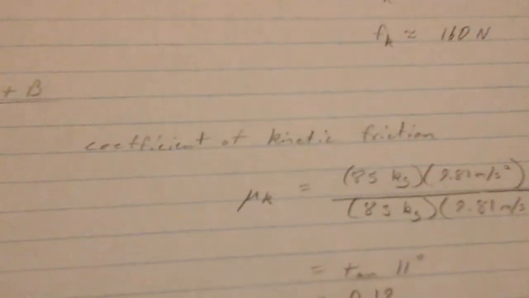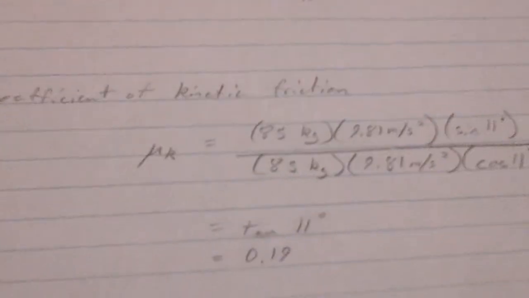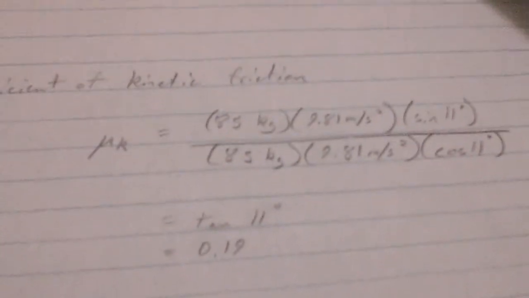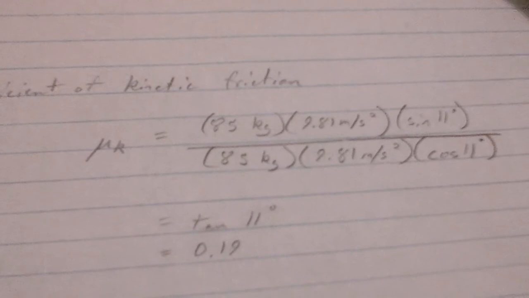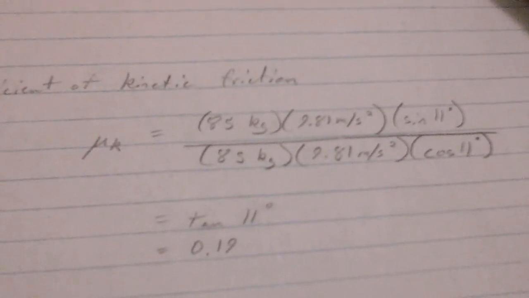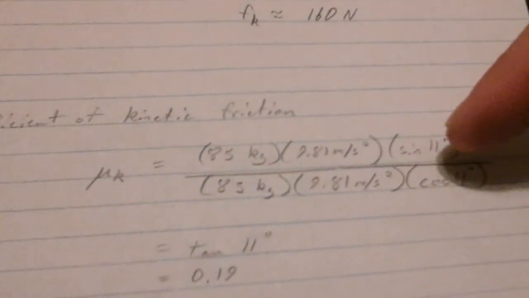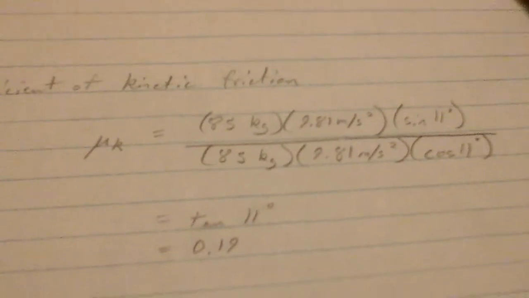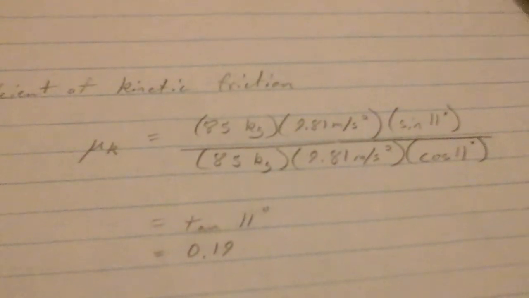So what is the coefficient of the kinetic friction? Well, we know that to find the coefficient, we need to know what the frictional force is by looking at both the y and the x components of the frictional force.